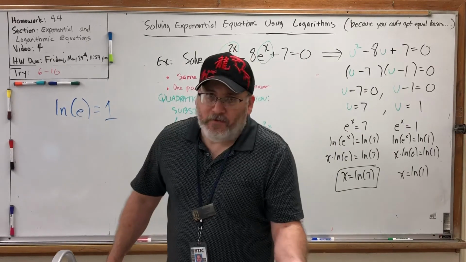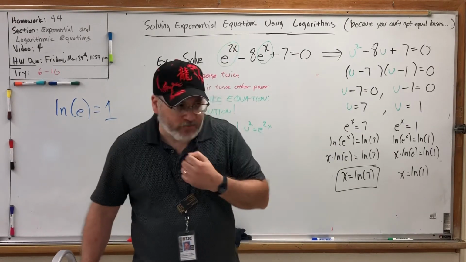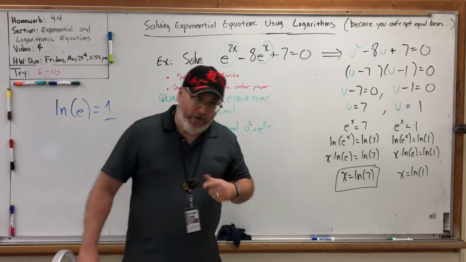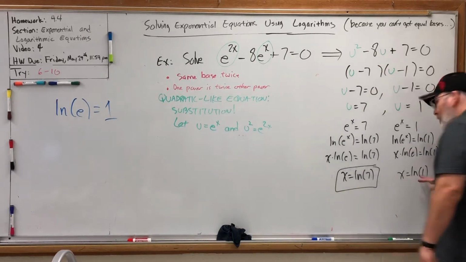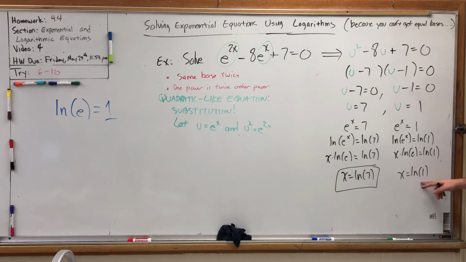I know the answer to that, and you should too, for two reasons. Number one, we had a rule about when the argument was 1. And number 2, this logarithm is asking, remember the base is e, what power turns e into 1? 0 is the power that turns e and anything into 1.